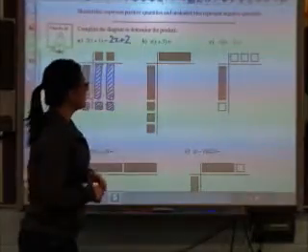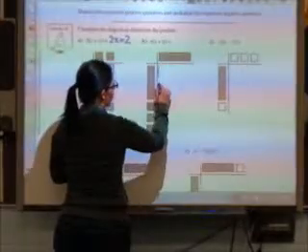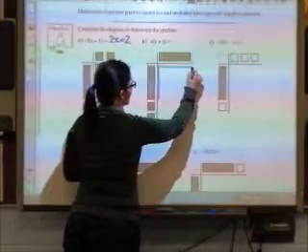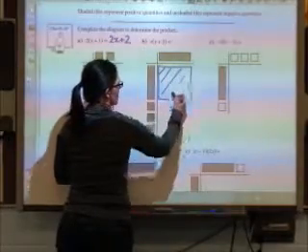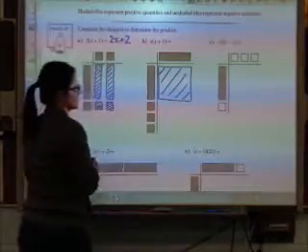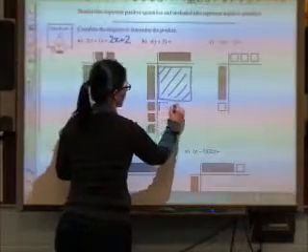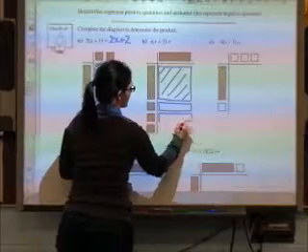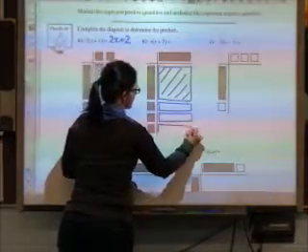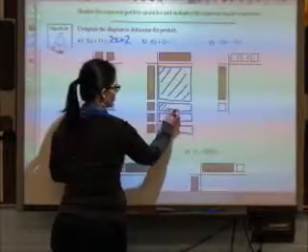If I look at B, length times width, this time I get an x squared tile that again is shaded. Length times width, or width times length. And these are all shaded.